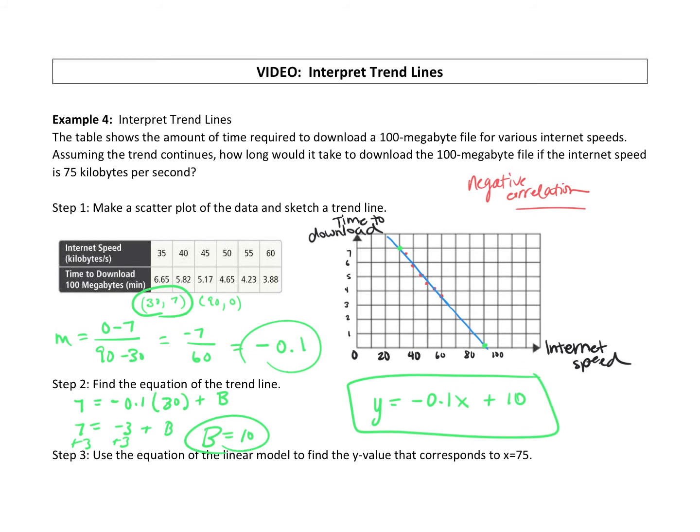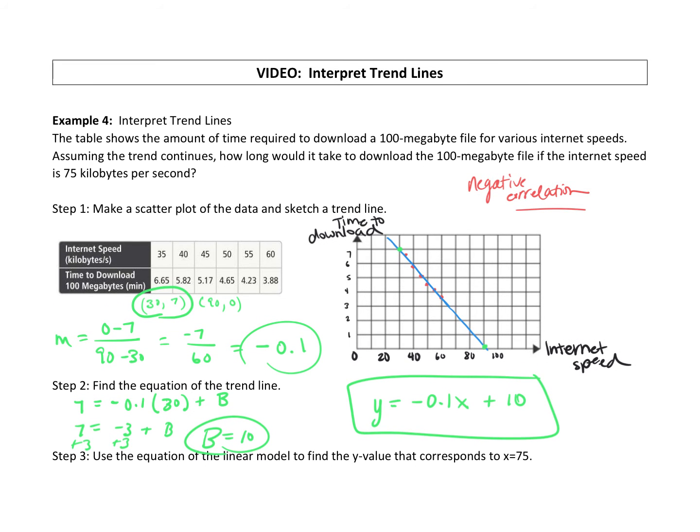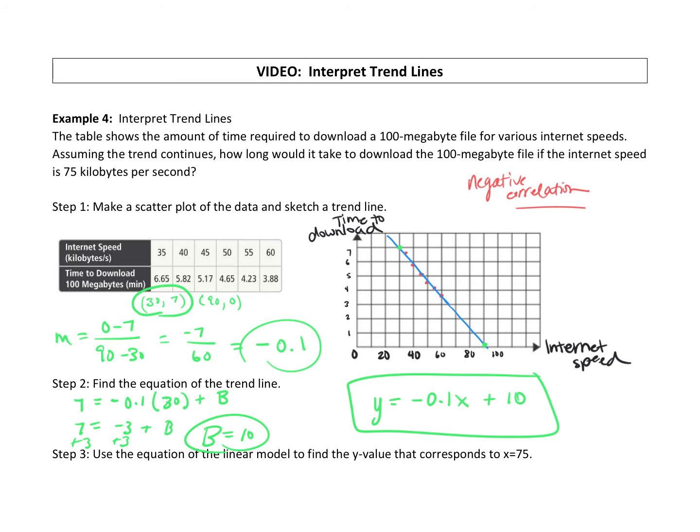Okay, so the question we're asked is, assuming the trend continues, how long would it take to download the 100 megabyte file if the internet speed is 75 kilobytes per second? So they are asking us to figure out how long it would take to download something that is 75 kilobytes.